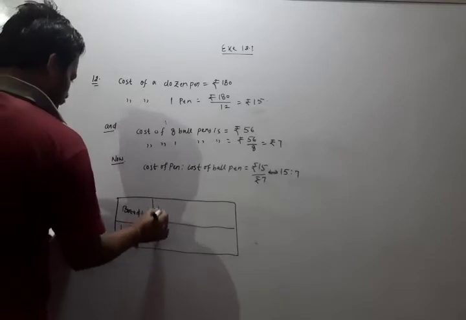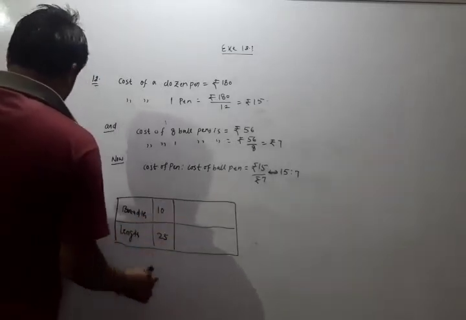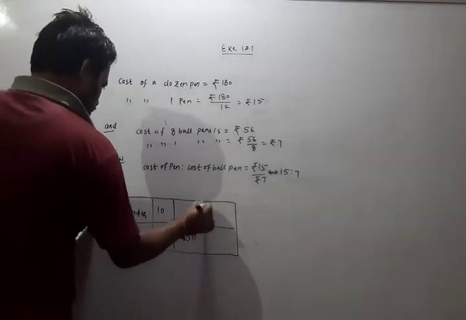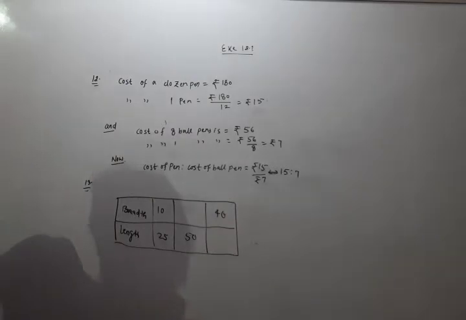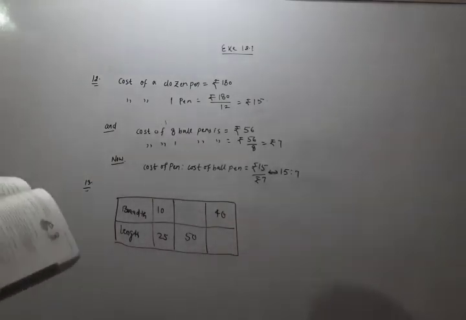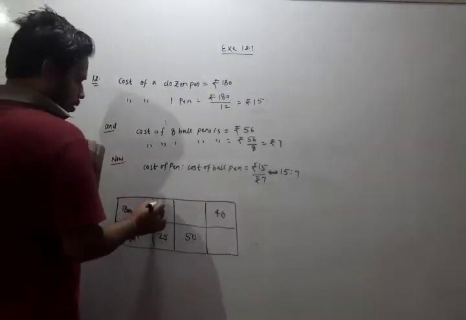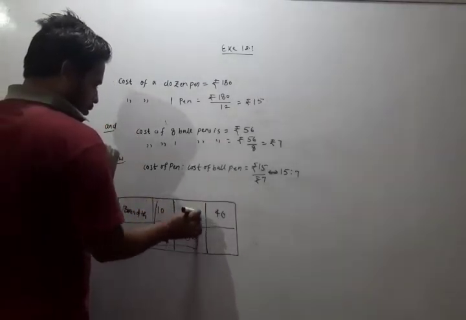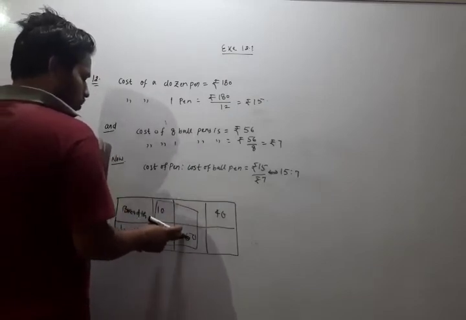First value is 10, 25, 50, 40. Now see, I already told you, just compare these two. When you multiply 25 by 2, it will come 50.